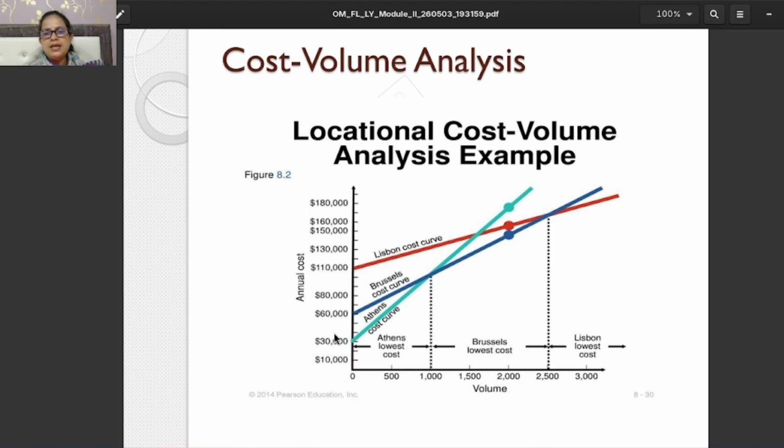So see how we are going to plot the graph. First is our Athens. What is our fixed cost for Athens? Fixed cost for Athens is 30,000. We have a point here at the fixed cost of 30,000. What is our total cost?